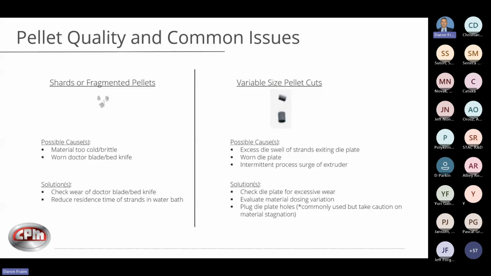Another thing that's common too after the pelletizer unit is many people will use a classifier, and so you can screen off if the pellets are significantly different in sizes. You can use a screen classifier that will allow pass through of small cuts or fines or shards and so forth.